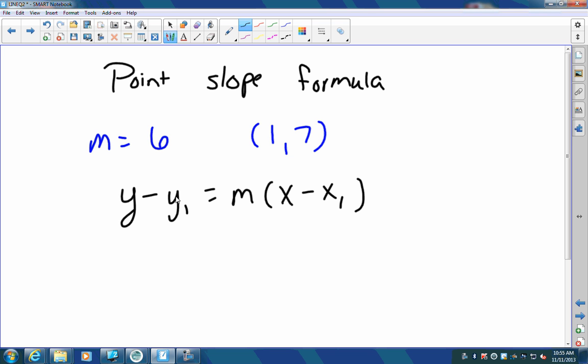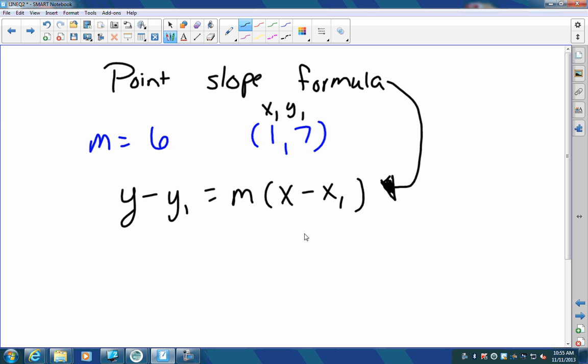What this is saying is that we are going to take these numbers and substitute them into this formula. So point slope formula, that's what it is right here. This is on your formula chart when you get it for your end of course exam. Now, what we have is I've got x1 and y1, and this is my slope.